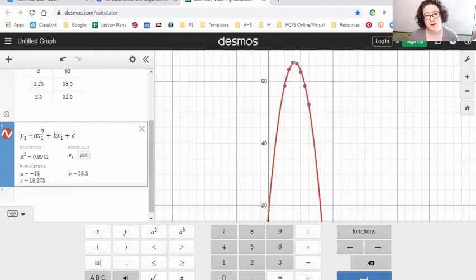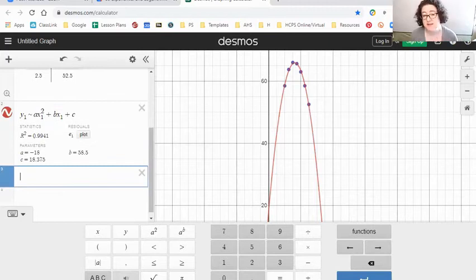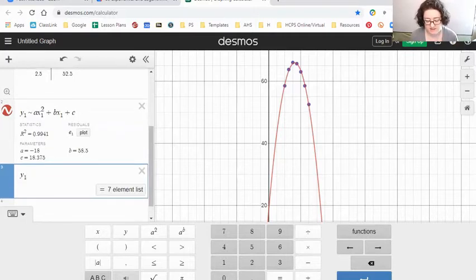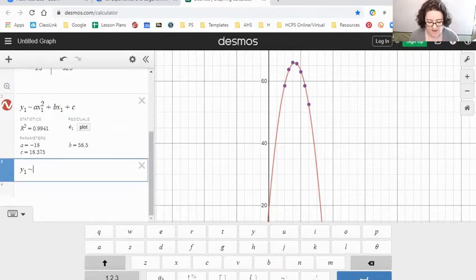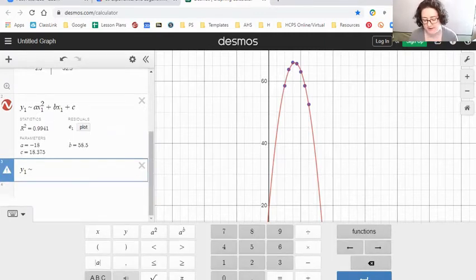But just to show you how this would compare if we don't have the right regression, let's go ahead and program in an exponential regression just to see how this compares. And I can do this with exactly the same set of data. So I'm going to start the same way. y1 to show, hey, I want to use that same list that we put in before. And then I need my tilde. And exponential format, we're going to go pretty basic with this.